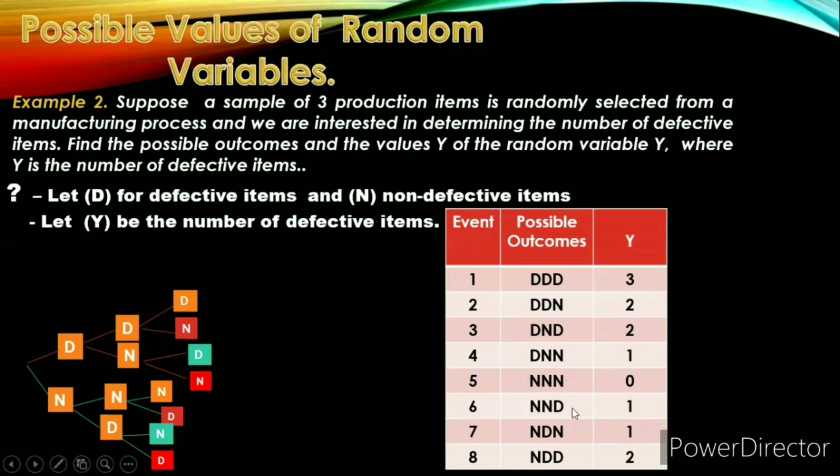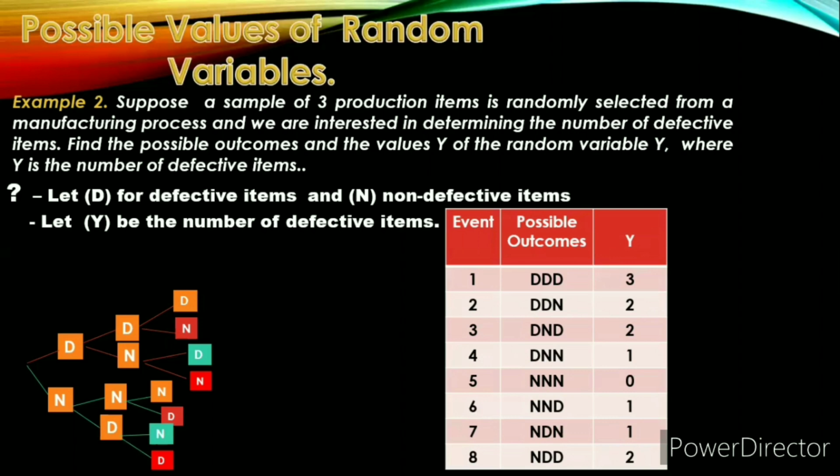We have N, N, D, isang D, we have 1. Another is N, D, N, we have 1. N, D, D, we have 2. Therefore, based on its outcomes, ma-determine natin kung ilan yung number of random variables of the defective item.